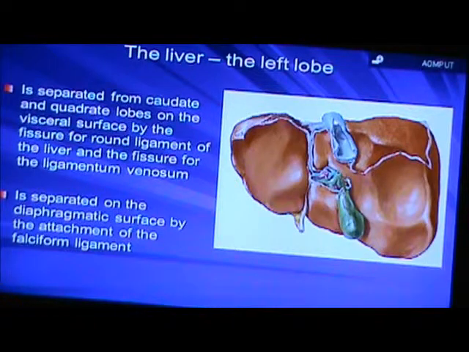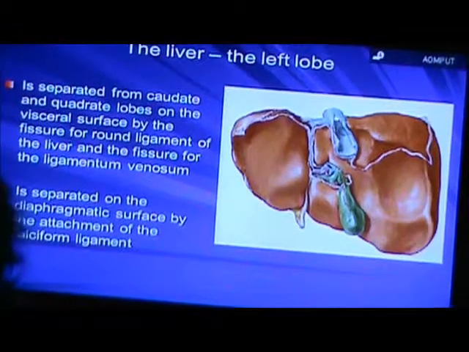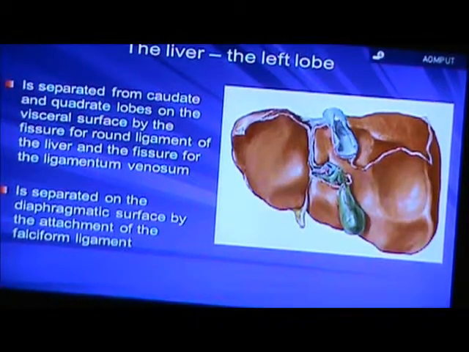The left lobe of the liver is separated from the caudate and quadrate lobes on the visceral surface by the fissure for the round ligament of the liver and the fissure for the ligamentum venosum. And I've told you that on the diaphragmatic surface the left lobe is separated by the attachment of the falciform ligament.